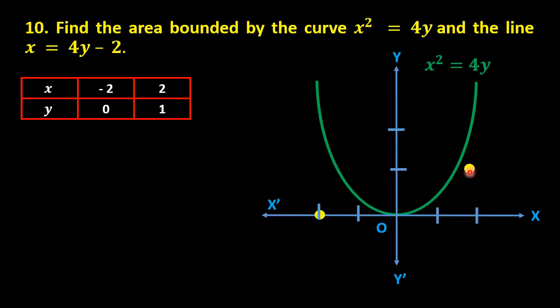So this is the second point. Now let me draw a line passing through these 2 points, which represents x equals 4y minus 2. So this brown line represents the equation x equals 4y minus 2. Now the area bounded by the two curves is this area.